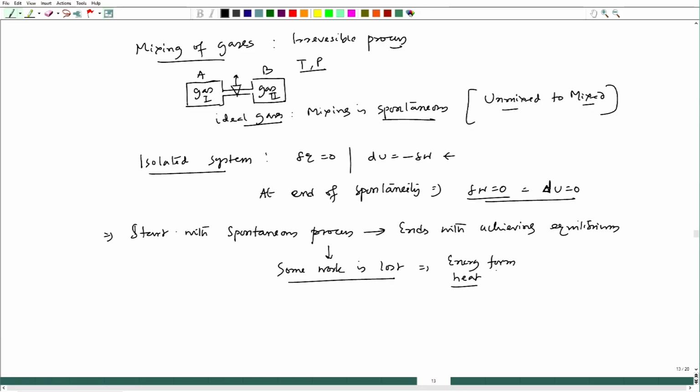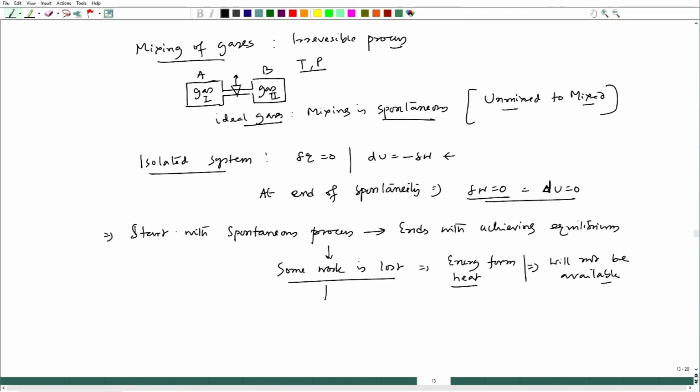But interestingly, this work will not be available. So, I could see that some useful work that the system should have done is not getting done, because that is lost. And this lost work actually relates to one interesting consideration that is called entropy.